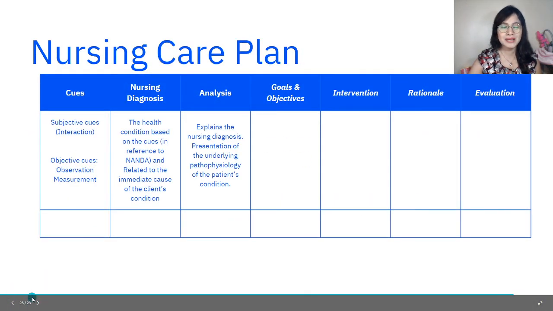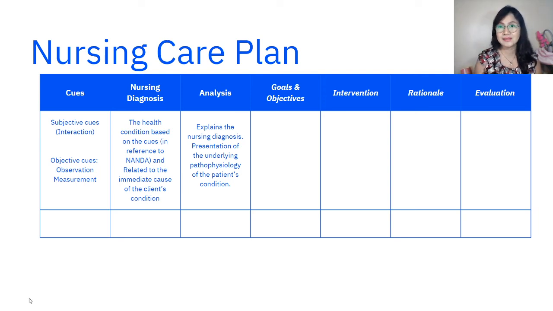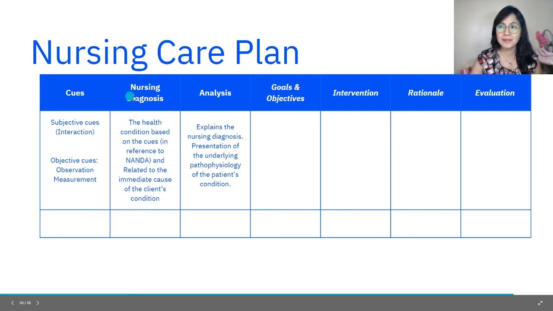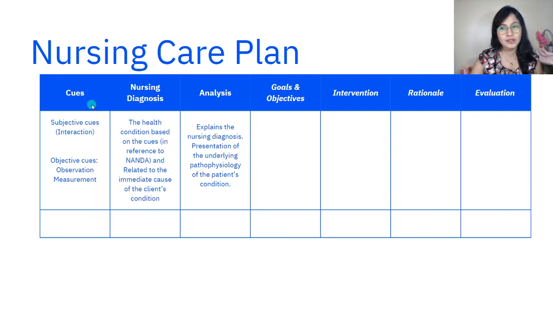So in doing the nursing care plan, as you can remember during the assessment phase, we mentioned that for the assessment, you have to indicate the assessment IOM, or interaction, observation, and measurement, under the first column, which is about the cues. That still remains the same. Cues are subjective, that's interaction, and objective cues, observation or measurement.